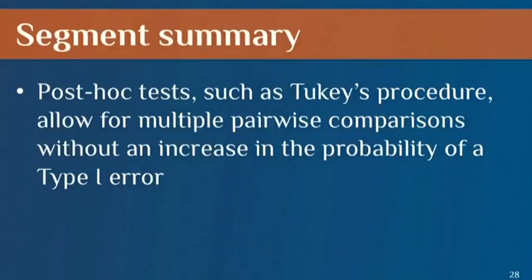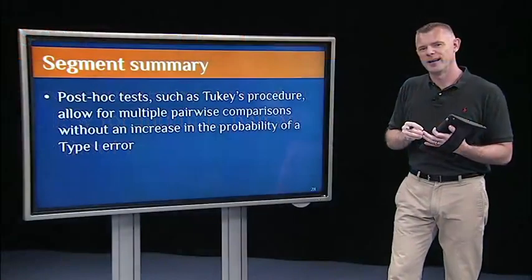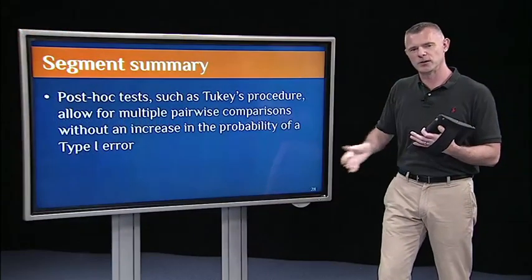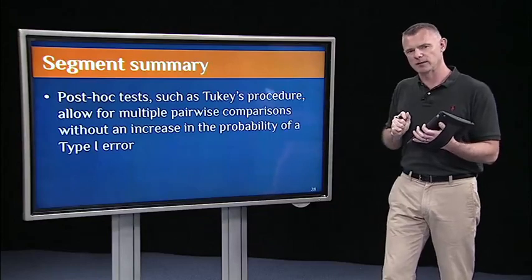And finally, we need to look for where the pairwise comparisons are significant by conducting post hoc tests such as Tukey's procedure. There are actually multiple procedures at your fingertips in R, so I'm going to do a whole other segment, the next segment, on post hoc tests that you can use to get at those significant pairwise comparisons.